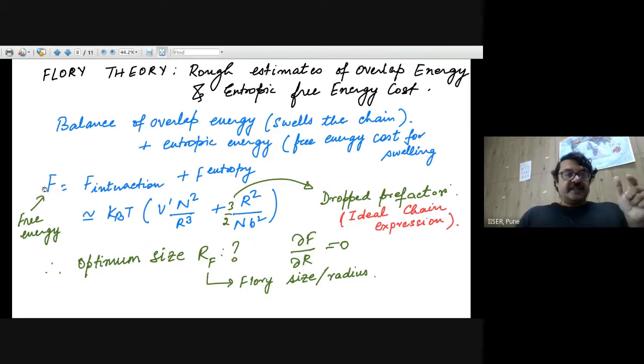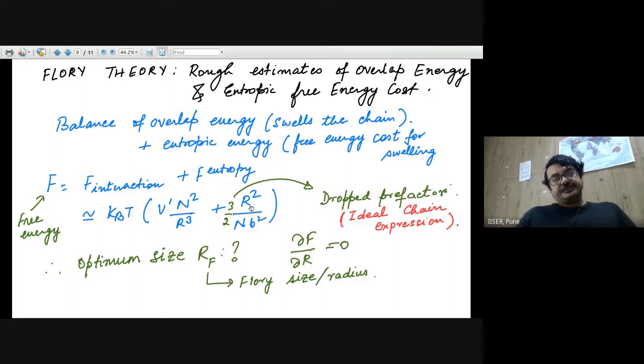So the total free energy will be the free energy due to interaction plus the free energy due to entropy, and that is equal to kBT. From both, you have the v' n squared by r cubed, and that is the estimate of the overlap energy.